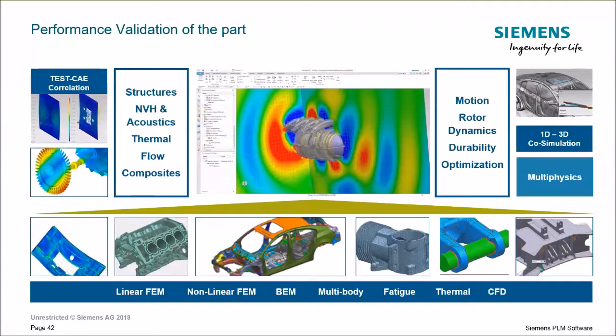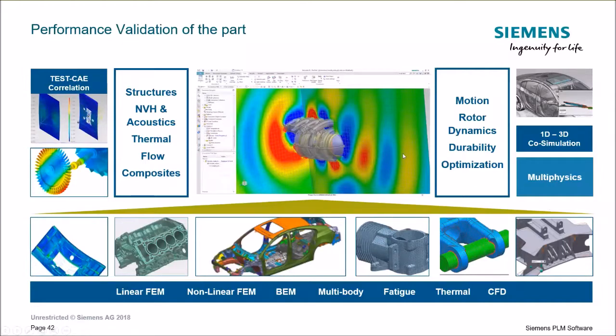So SimCenter also offers you the possibility of analyzing your part toward different applications, like thermal and flow behavior of the part. You can also do composites if you have this. It's quite common to combine topology optimized parts with composite materials because it's also very likely for reducing weight. This is also something you can analyze using SimCenter.